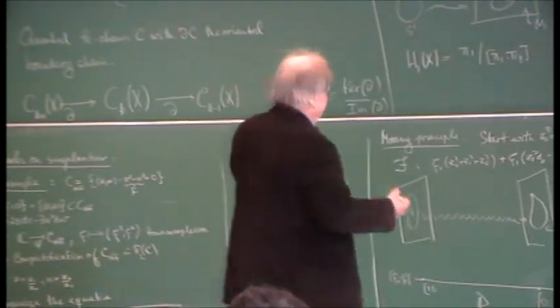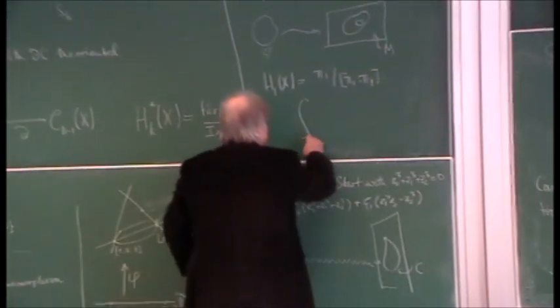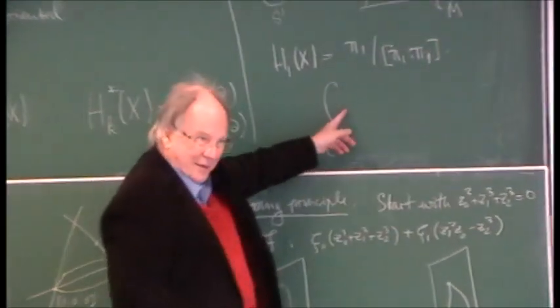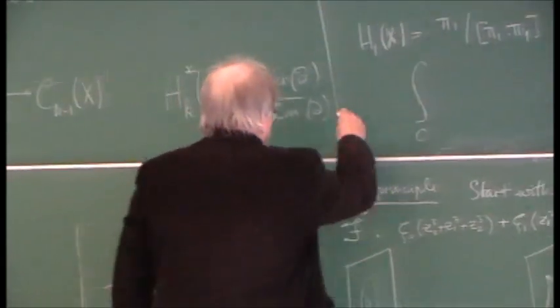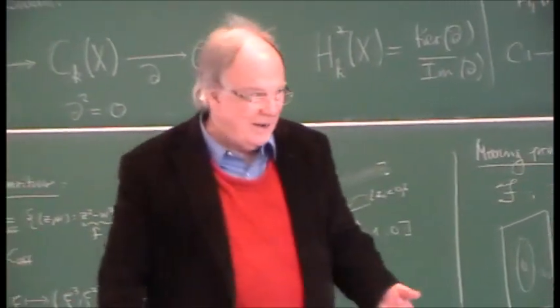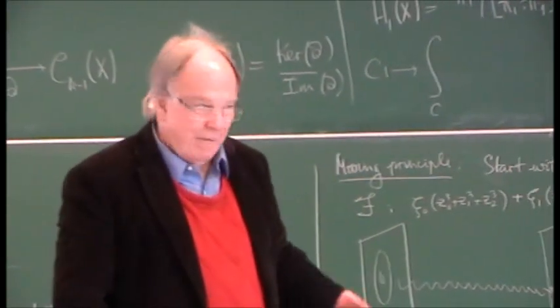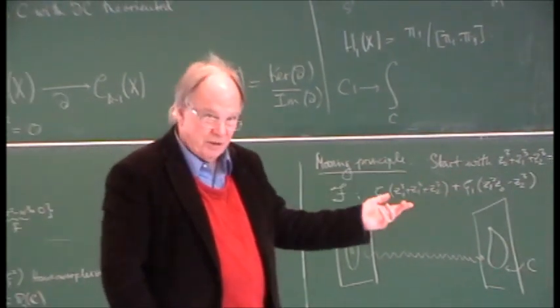Now, you see, when you integrate in complex analysis, you integrate over something, and it's a mapping into an integral, and it's completely obvious that this is a map into an abelian group, right? It's a functional.